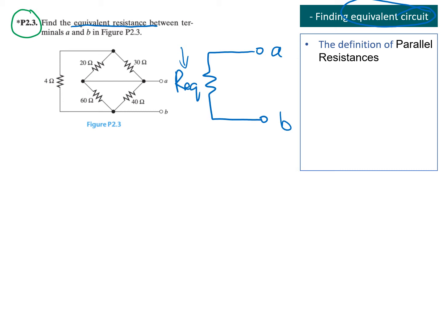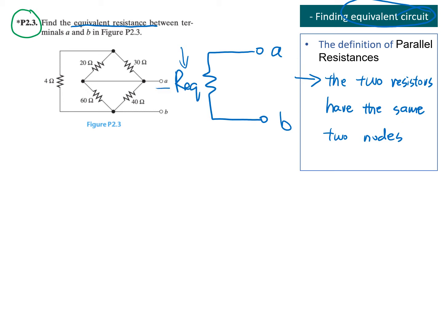Well, two resistors are connected in parallel means the two resistors have the same two nodes. They share their two nodes, and then you can say they are connected in parallel. Well, so let's get started to try this question.